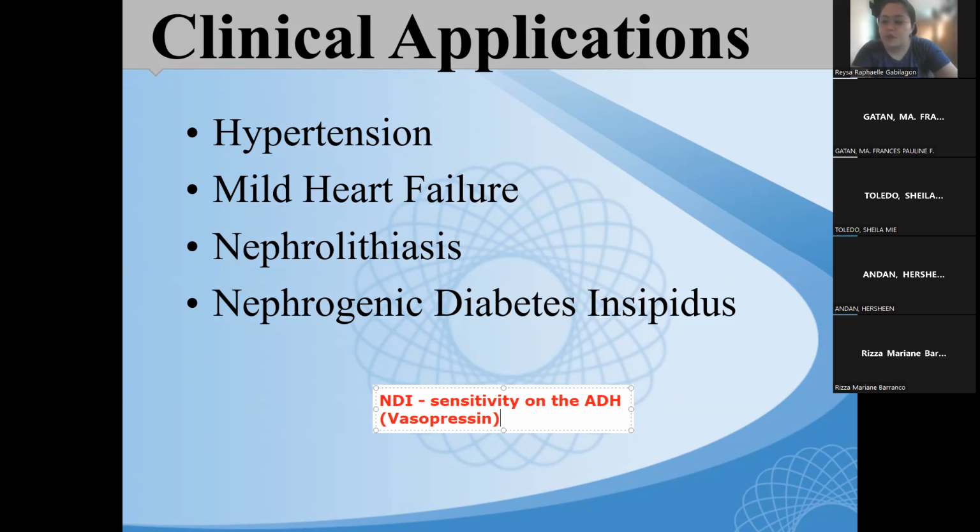Para ma-regulate yung urination. However, for people with nephrogenic diabetes insipidus, they have enough antidiuretic hormone but their kidneys are insensitive to it. Therefore, they will have frequent urination, and that will lead to, syempre, dehydration.